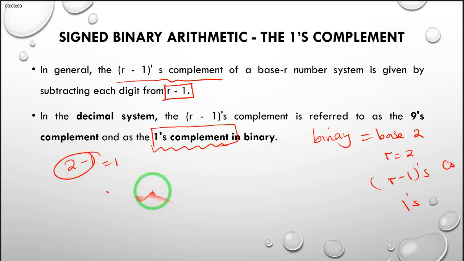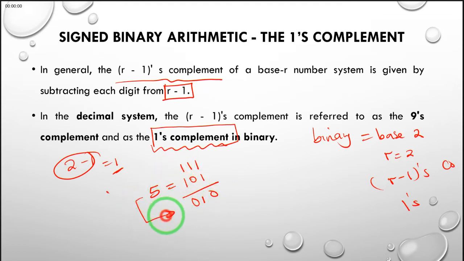For instance, assume we have 5. 5 in binary is represented by 101, and if this is the number you want to convert to 1's complement, you subtract each digit from 111. You find this is 0, this is 1, this is 0. Therefore, 5 in 1's complement would be represented by 010.